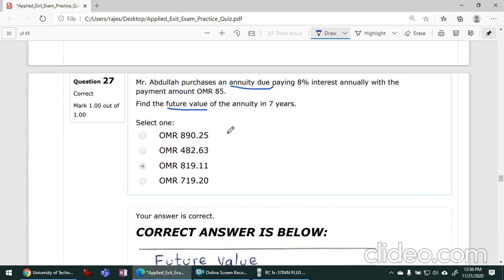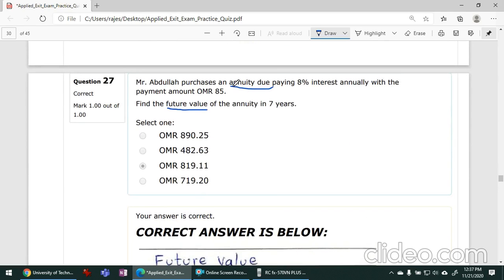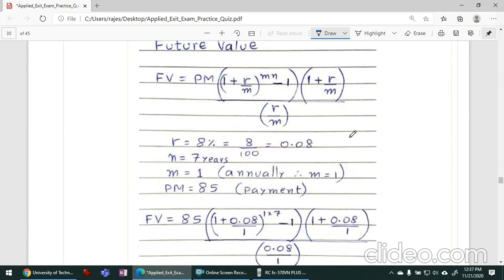So what is R? R is 8%. What is this 85? 85 is PMT and N is 7. So look here, R is 8%. 8% means 8 by 100 equal to 0.08. N is 7 years. M is 1 because it is written annually. Interest is calculated annually, so M is 1.